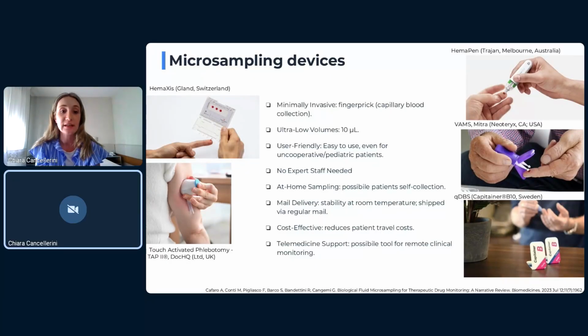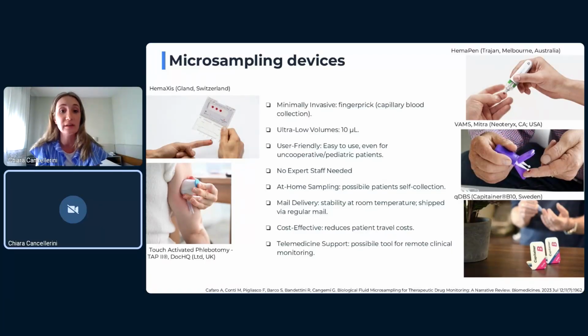There is also the stability of the drug at room temperature, so it can be possible to send samples by regular mail to the laboratory. And this can drastically cut down patient travel costs and act as an excellent support tool for telemedicine. Nowadays on the market, there are different devices.